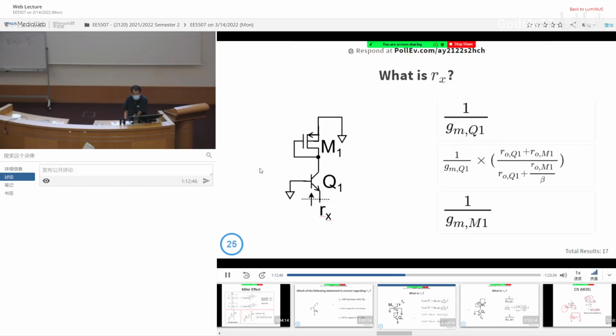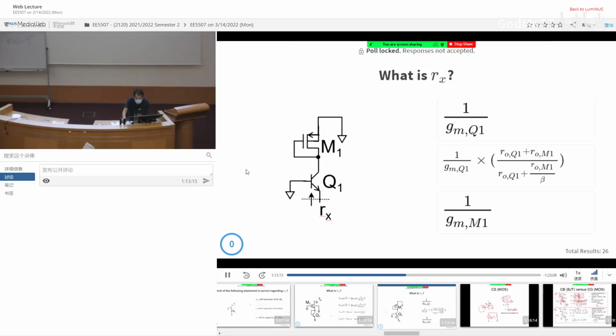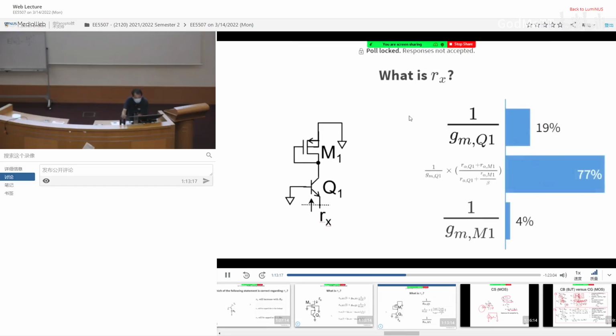You are looking into the emitter terminal. So you can rule out 1 already. Okay, this one is better. We have more students trying. Now it's already 23, 24. Okay, 26 students, not too bad.